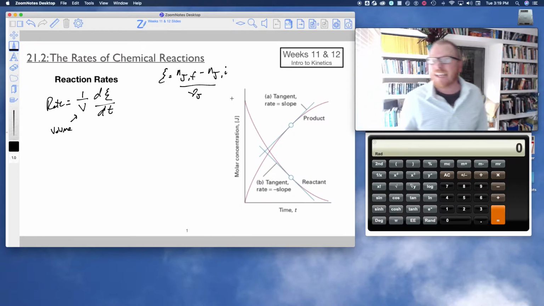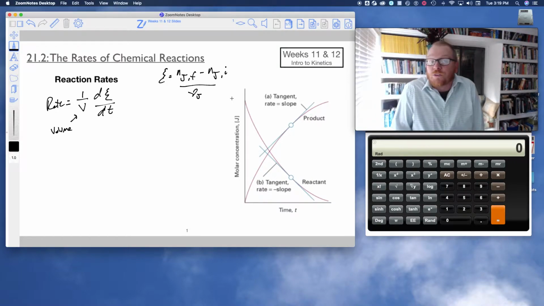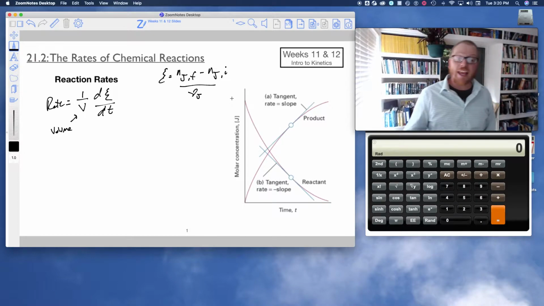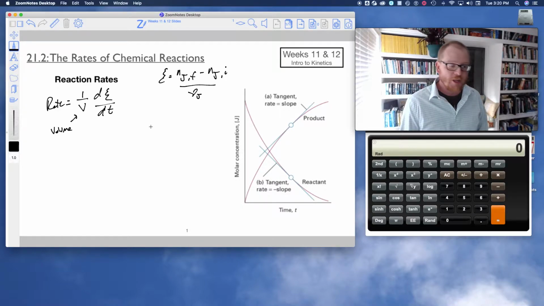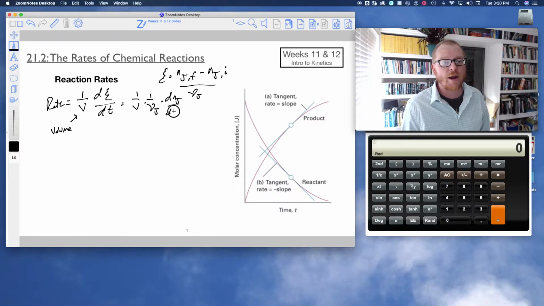So it's basically how many moles have reacted, in addition to its correct stoichiometric ratio. Now I could still write 1 over volume times 1 over the stoichiometric coefficient times the change in number of moles with respect to time.